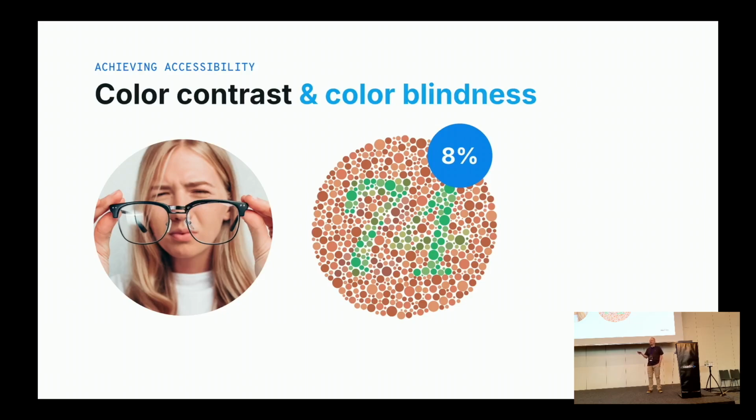So that already kind of fixes that problem without having to extensively test your UI with color blindness simulators or something. Now, for contrast, that's about how well, for example, text is visible against whatever the background color happens to be.